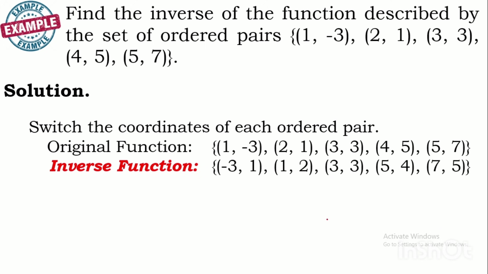So ang magiging inverse function natin will be (-3, 1), (1, 2), (3, 3), (5, 4), and (7, 5). So again, this is an example of one-to-one function. Bakit? Dahil walang naulit na value sa y natin. Okay? So kapag ito ay naging 1 dito, ibig sabihin hindi na siya one-to-one. So hindi siya, walang inverse. Malalaman mo lang ang inverse of one-to-one function kapag ang original function is one-to-one.